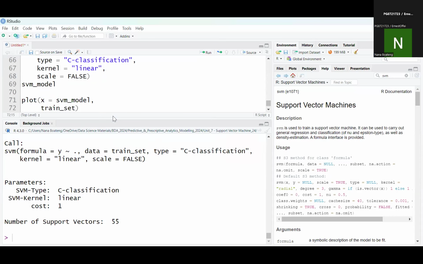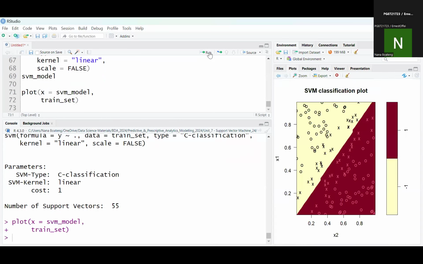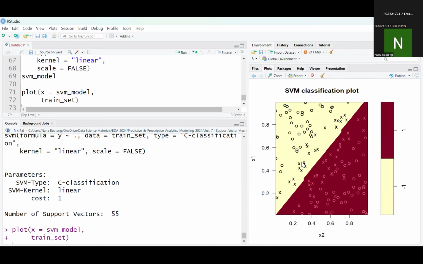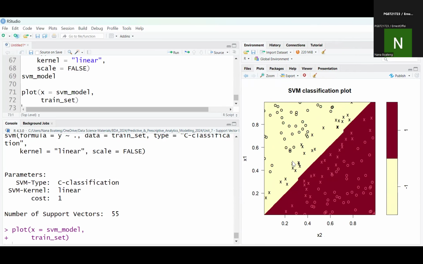Let's plot it. Okay, we see our SVM classification plot. Where it is marked X, these are the support vectors. So anywhere you see the X, these are support vectors.